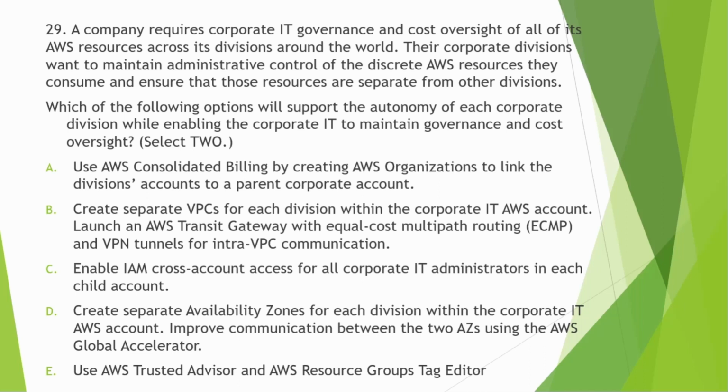Which of the following options will support the autonomy of each corporate division while enabling corporate IT to maintain governance and cost oversight? So, this question is about how you will get integrated details of the cost, and how will you support the autonomy of each corporate division. Okay, they have divided it, and how will you maintain those inside AWS.